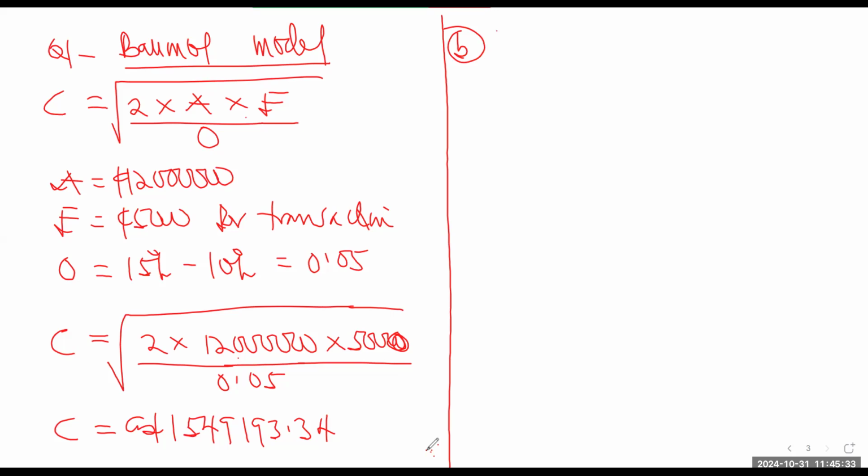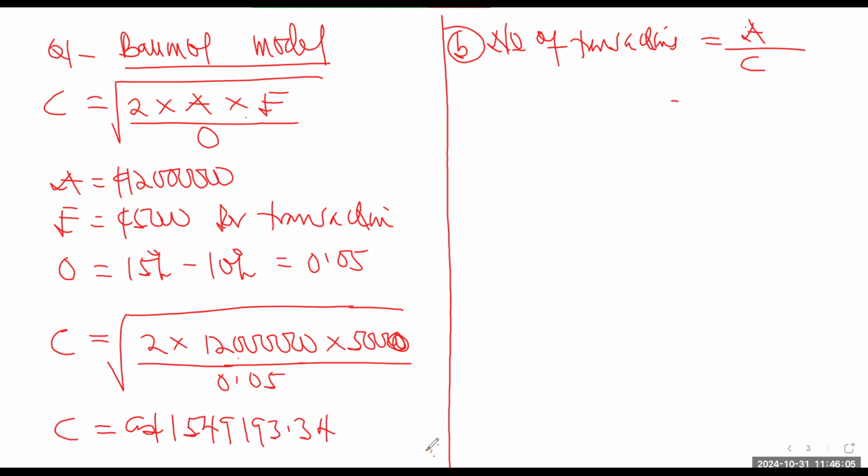So we have the number of transactions equal to the annual cash demand divided by the optimum cash, which is C in this case. If it were economic order quantity, it would be annual demand divided by the order size in units, which is the economic order quantity.